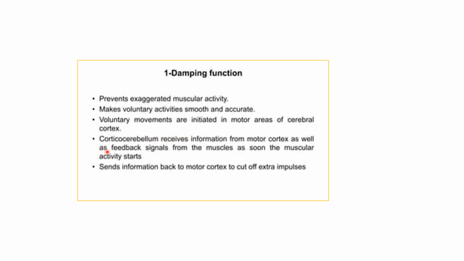The corticocerebellum receives information from the motor cortex as well as feedback signals from the muscles as soon as the muscular activity starts, and sends information back to the motor cortex to cut off the extra impulses. So we have seen the comparator function. With the help of that, it will cut off the extra impulses, that is, the exaggerated muscular activity. It is called damping function.